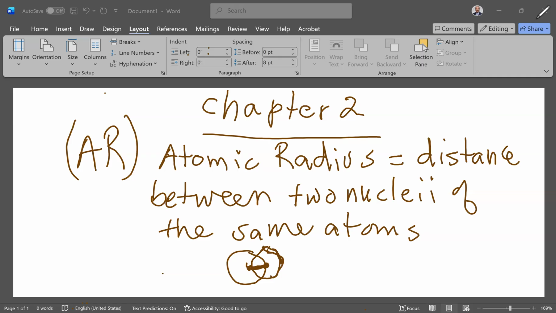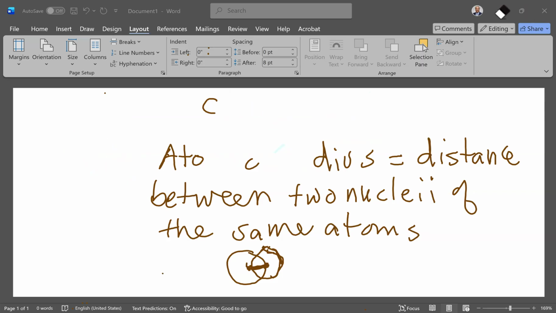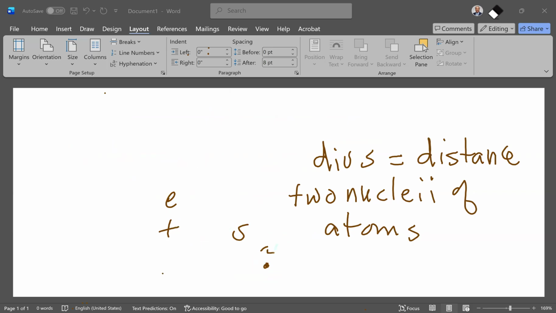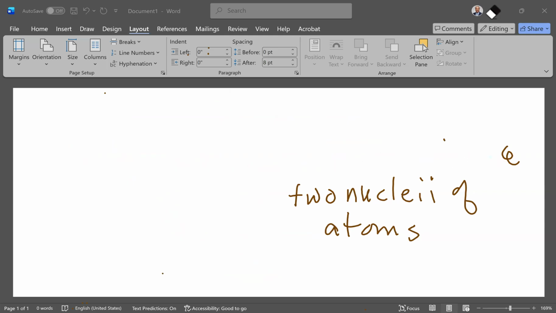So let me take this one out and look at the periodic table trend. And then we'll put the whole image together here.